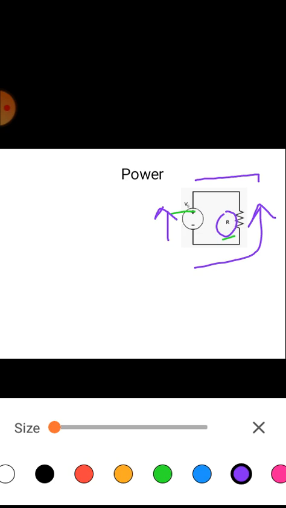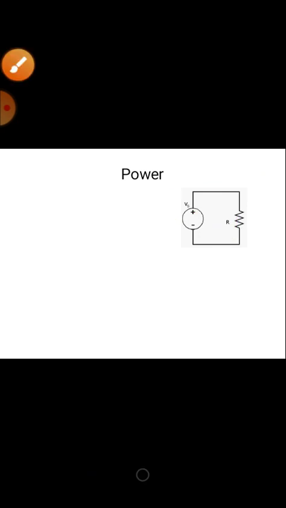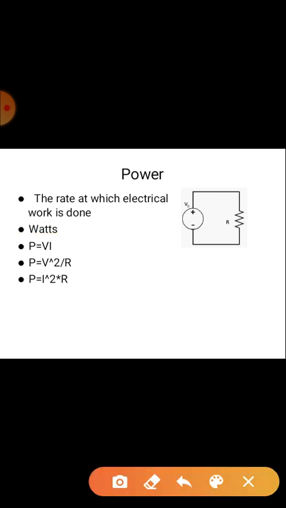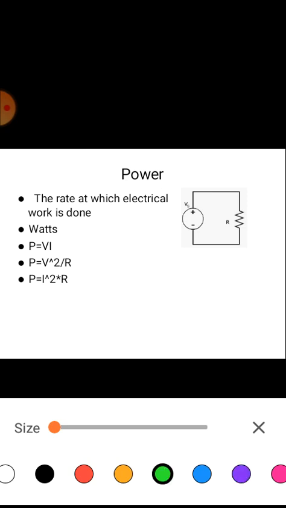The work done in the moving of electrons is called power. The definition of power is: the rate at which electrical work is done is called power. It is measured in watts. There are three formulas to calculate power. P equals V into I. The power depends on both current and voltage.